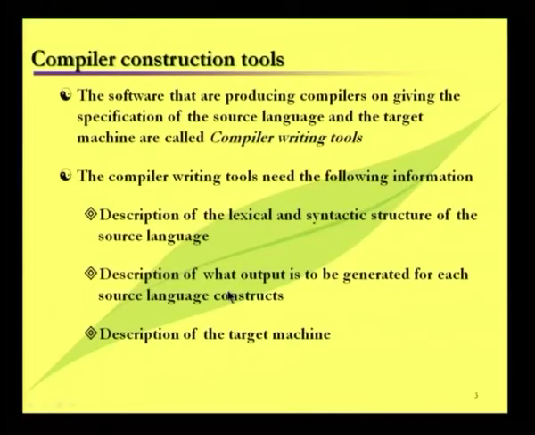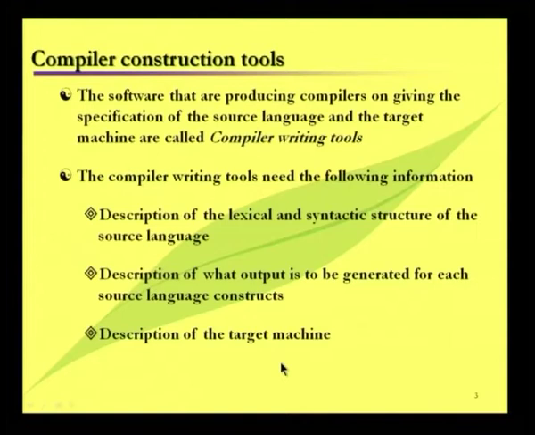And another one, the third parameter to be given for your compiler construction tool, is the description of the target program. So, what is going to be the target machine for which we are generating the compiler? Because you know that the code optimization phase, or even the code generation phase, are machine dependent phases.